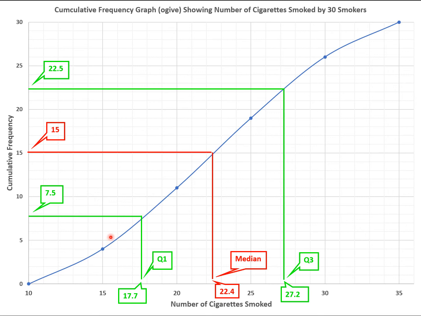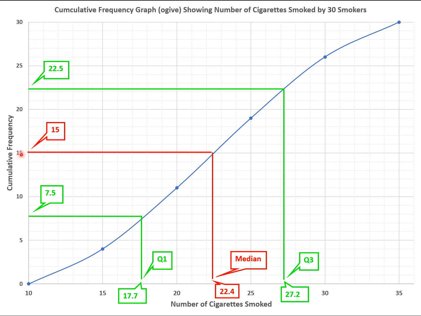Now when we have that done, the next thing we want to do is find the median. Whereas I don't fully agree with this one, we're going to take it because the Department of Education in Ireland and the books on it would all say that.